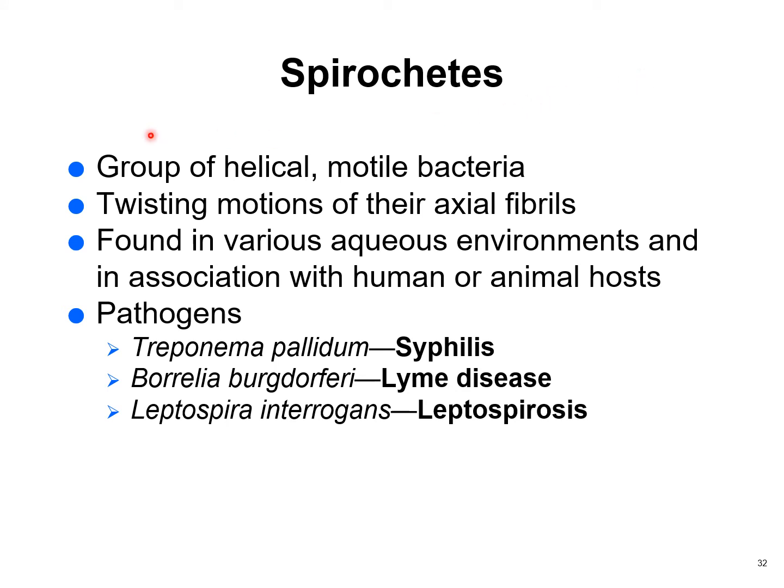Spirochetes are helical, motile bacteria. They have twisting motions, and they're generally in aqueous environments or in human or animal hosts. Treponema pallidum causes syphilis. Borrelia burgdorferi causes Lyme disease. Leptospira interrogans, and there are several leptospiras, cause leptospirosis, which can cause kidney failure.